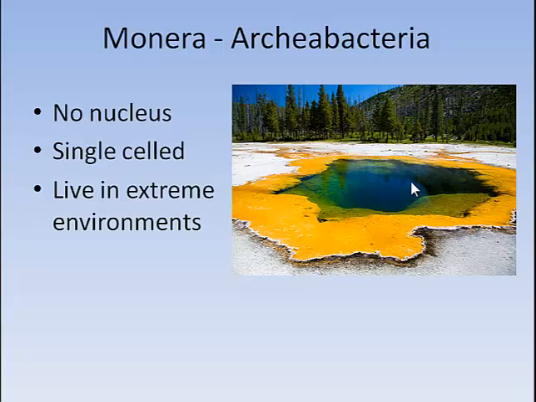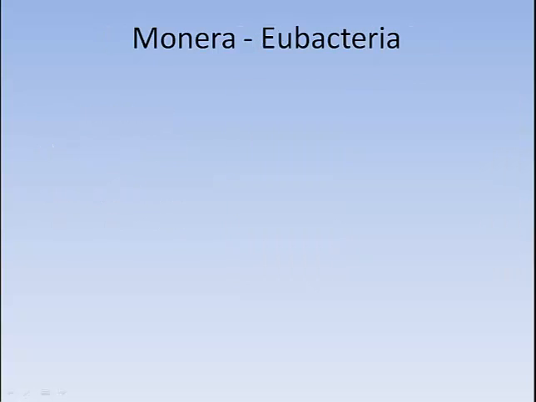This water is hot enough to cook a lobster. If you went swimming in there, you wouldn't come out alive. It's that hot. It's almost boiling. And this yellow around the edges, that is Archaebacteria. Those are bacteria that can live in this extremely hot water.